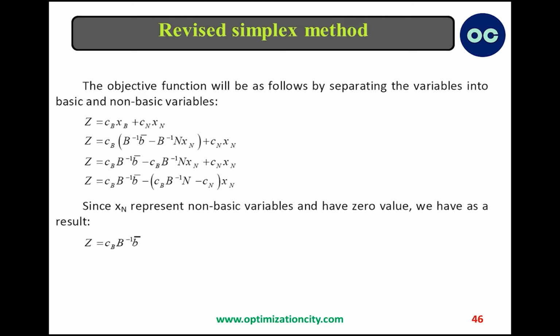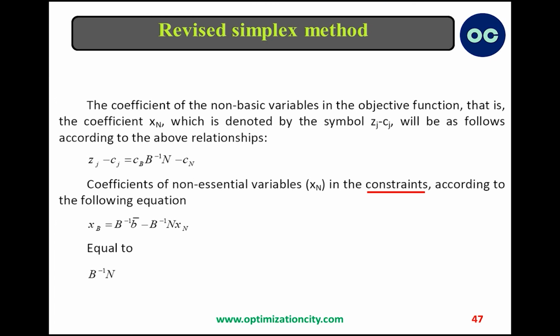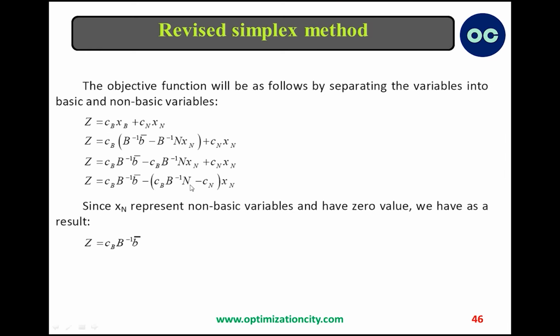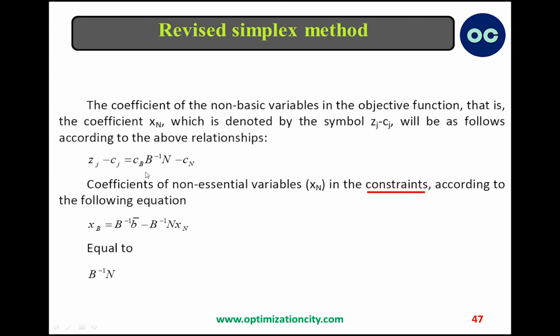Using the above relationship, the coefficient of the non-basic variable xn in the objective function is expressed as follows. This is the coefficient of the non-basic variable, and we define it here.